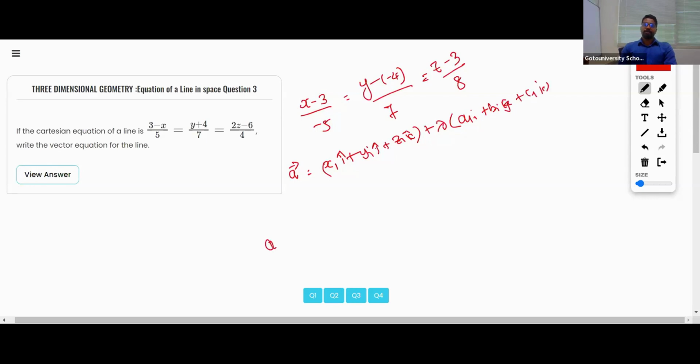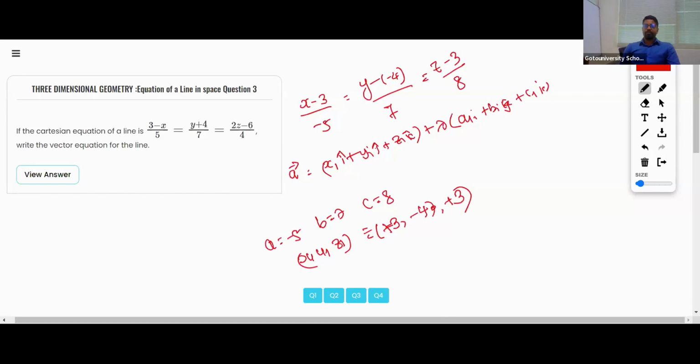So what is a here? a is minus 5, b is equal to 7, c is equal to 8, and x1, y1, z1 are equal to minus 3, minus 4, and plus 3. Yes or no? Yeah. So this is not minus, this is plus 3.